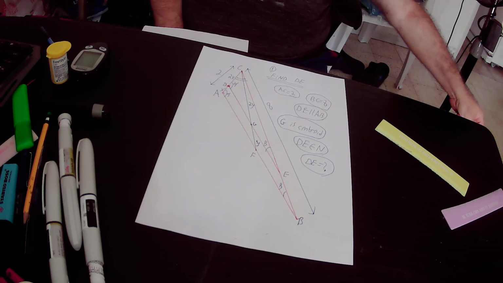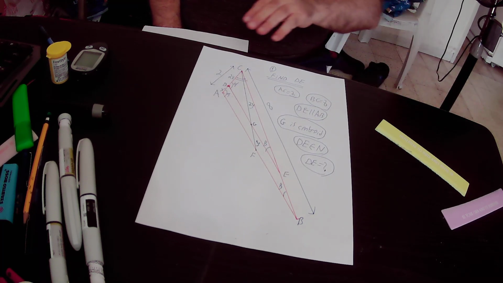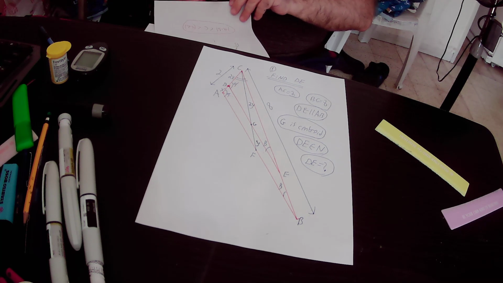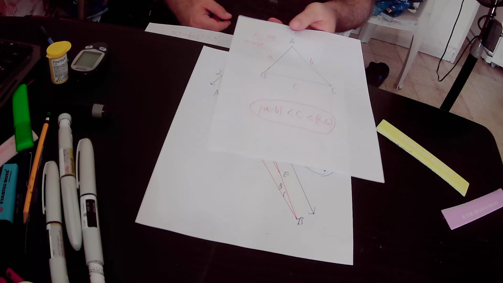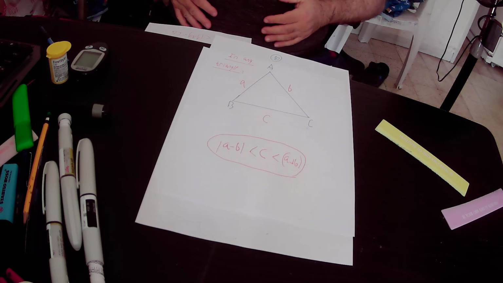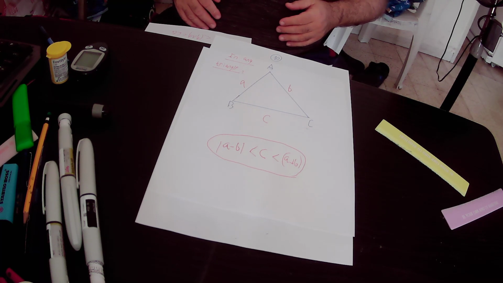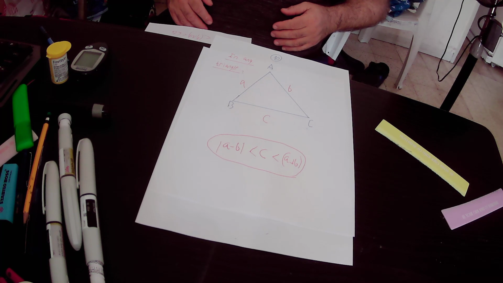Then we have the rule that in any triangle, the sum of two sides of the triangle will be greater than the length of the third side.